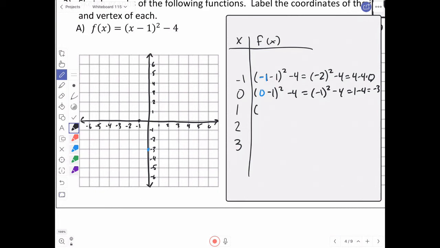And 1 minus 1 squared minus 4 makes 0 squared minus 4 makes -4. So plug in 1, get -4.